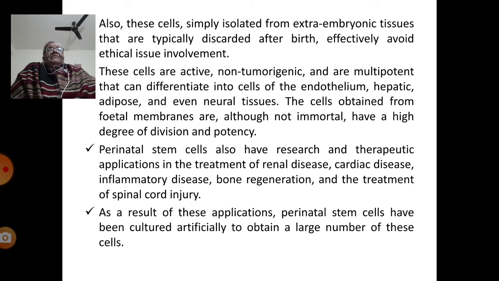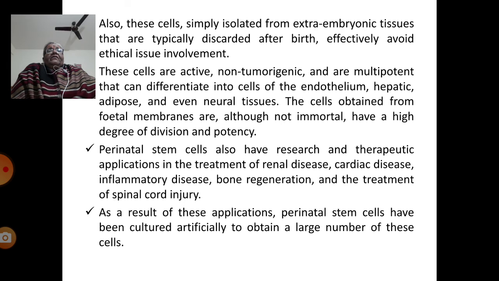So, these stem cells have a lot of research and therapeutic application value, especially in the treatment of renal disease, cardiac diseases, inflammatory diseases, bone regeneration and the treatment of spinal cord injury.